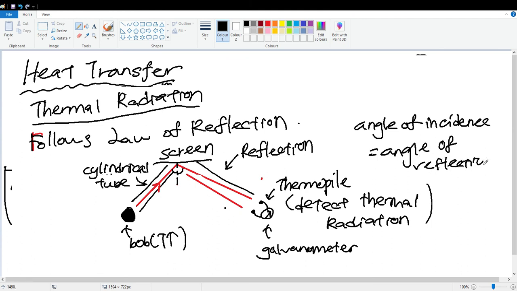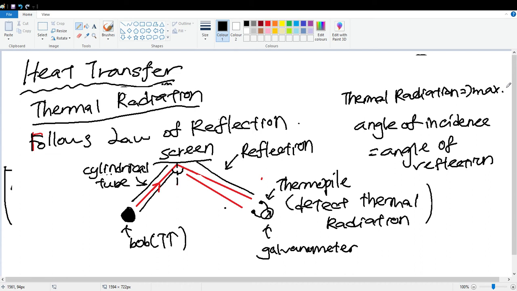In this case, the thermopile detects the thermal radiation as maximum. So from this experiment, we can conclude that thermal radiation, which is in the form of electromagnetic wave, follows the law of reflection.